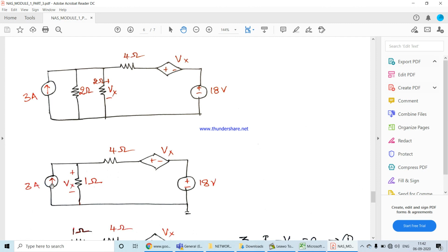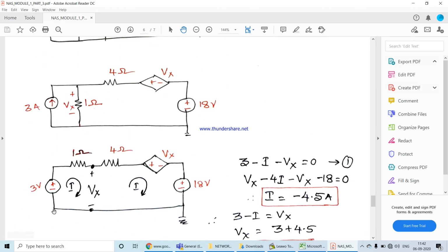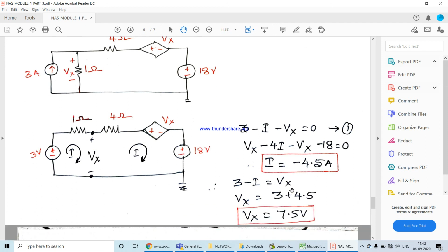And then this parallel is again converted into series. And then we kept this open circuit voltage Vx to remain the same there itself, and then we wrote 2 equations, and with those 2 equations we were able to find out I, and then in turn we were able to find out Vx.